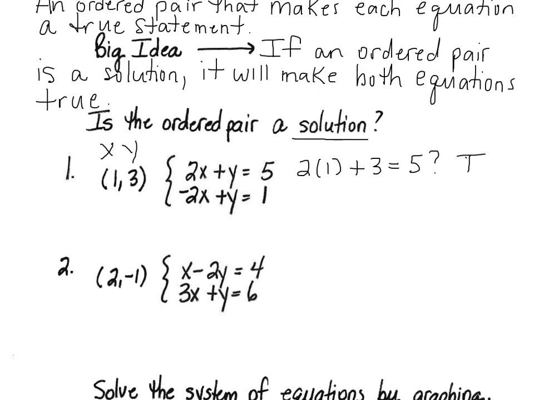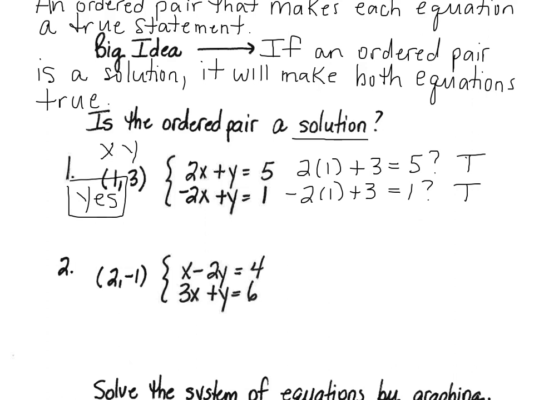So I have to answer the question, is negative 2 times 1 plus 3 equal to 1? And negative 2 times 1 is negative 2. Negative 2 plus 3 is 1. So it ends up working in both equations. And since it works in both equations, I can answer number 1 as yes. The ordered pair 1, 3 is a solution.